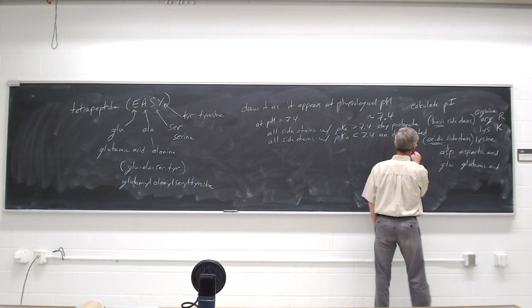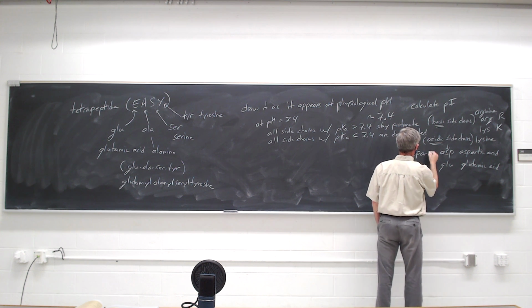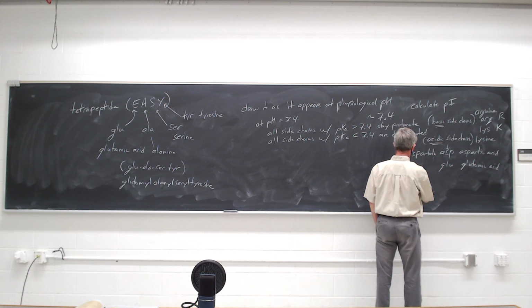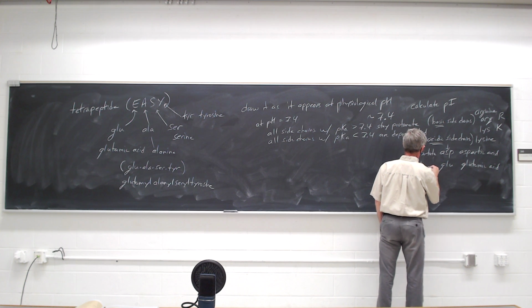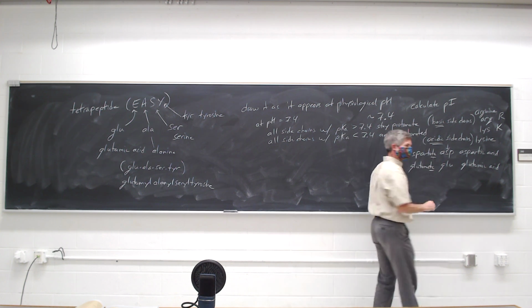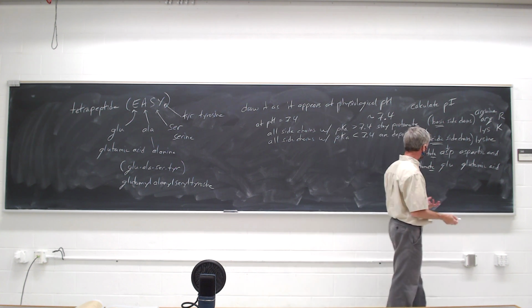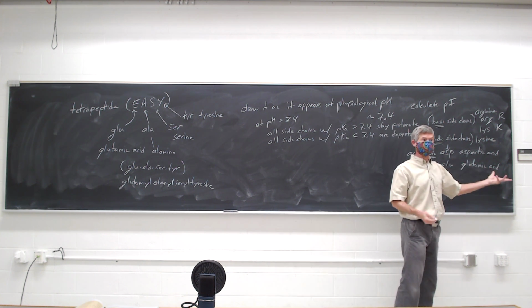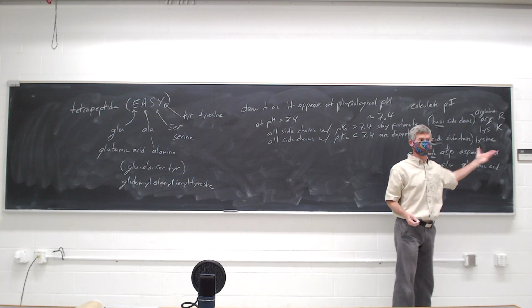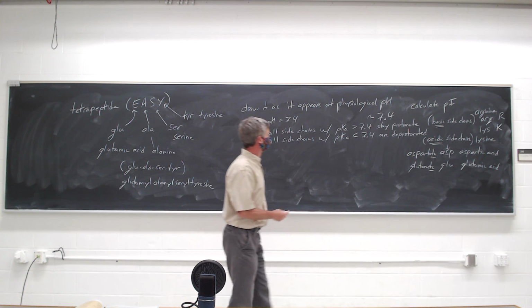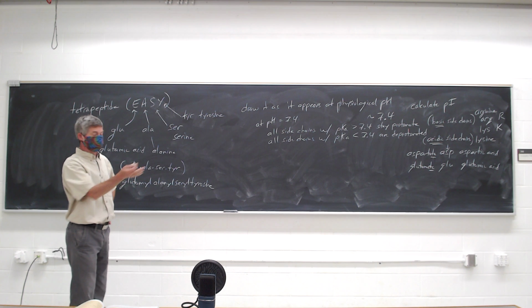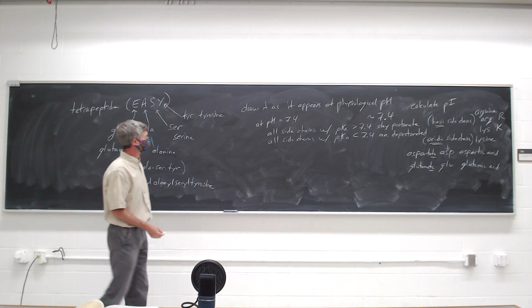Sometimes you'll see this written as aspartate and glutamate instead, because they're deprotonated. So in normal physiological systems, it's not glutamic acid, it's the glutamate ion, and it's not aspartic acid, it's the aspartate ion. So you'll see aspartate and aspartic acid used interchangeably.